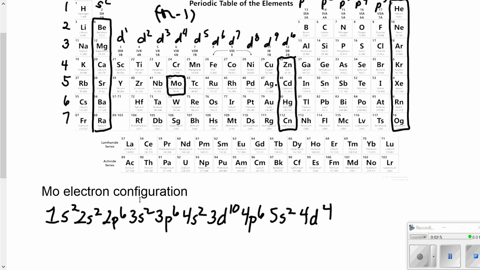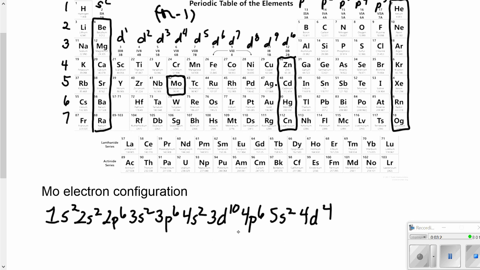So what we do is we take a look at the element that we have, Mo. We find the last noble gas that we passed when we wrote the electron configuration, and that's Kr, which has 36 electrons. That's all the way to 4p6. So if we added everything up, you'd notice that it does equal 42. So 2, 2, 6 is 10, 2, 6, 2 is another 10, so that's 20, 30, and then 38, and 4 is 42.